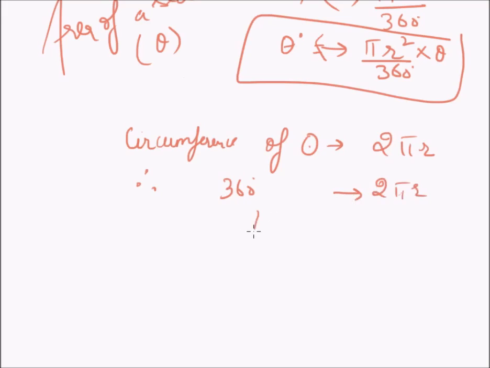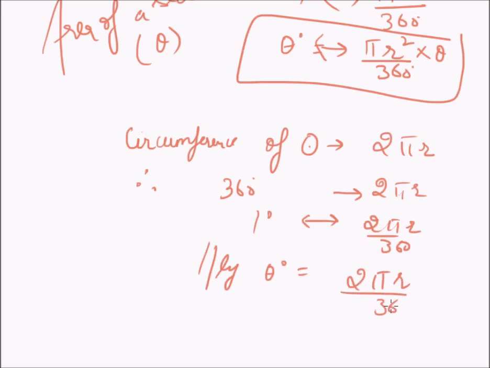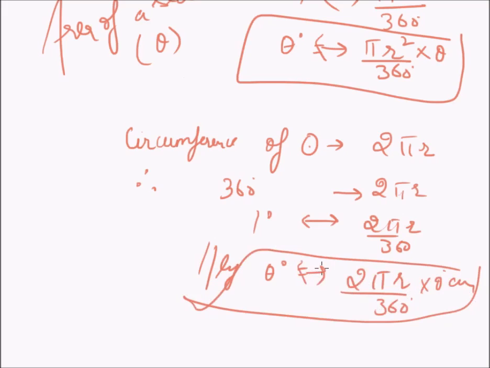Now for 1 degree it will be 2 pi r by 360, and similarly for theta degrees it will be 2 pi r over 360 into theta centimeters. So the circumference of the sector is this.